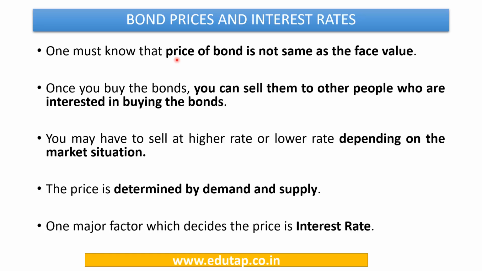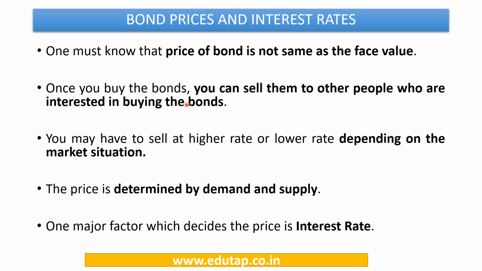One must know that the price of a bond is not the same as the face value. For example, you may be issuing a bond at rupees 100. 100 may be the face value of the bond, but the current market price of that bond may not be rupees 100. It may be more than rupees 100 or less than rupees 100, depending on different factors.